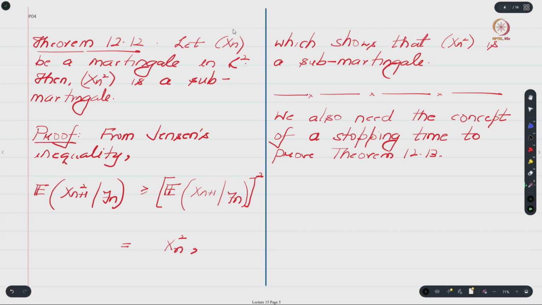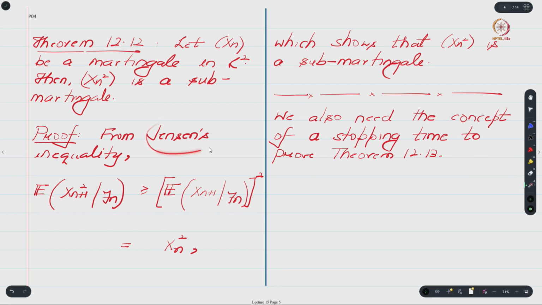Let Xn be a martingale in L2, then Xn square is actually a sub-martingale. So Xn is a martingale, and if you look at the square of these individual random variables and consider the resulting process, that resulting process will be a sub-martingale. So let us quickly prove that.